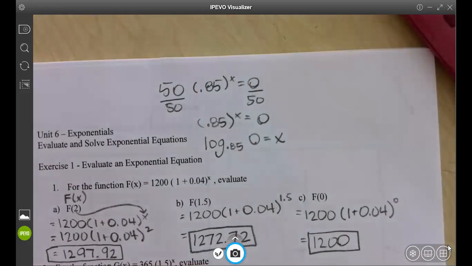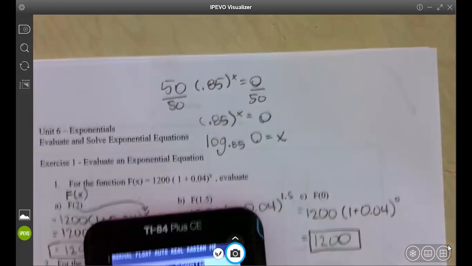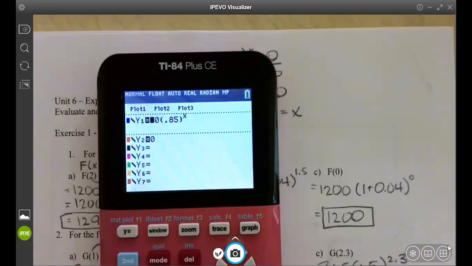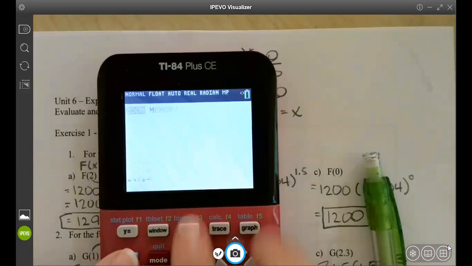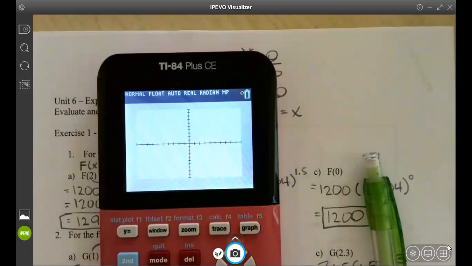So let's try the next one. Let's try 50 times 0.85 to the x equals 6. So instead of having 0, we're going to change it to 6. And let's see what happens. I'm going to go back to Zoom 6 so it's a normal screen.